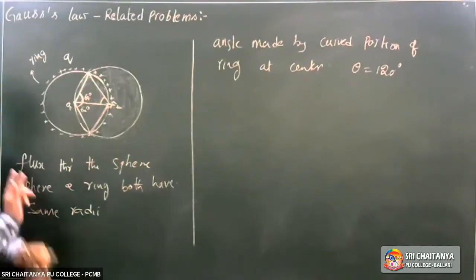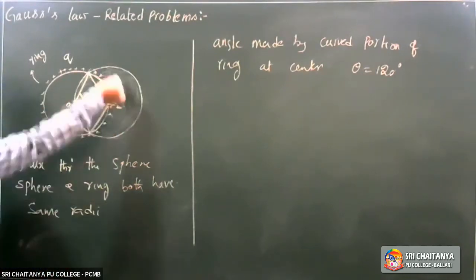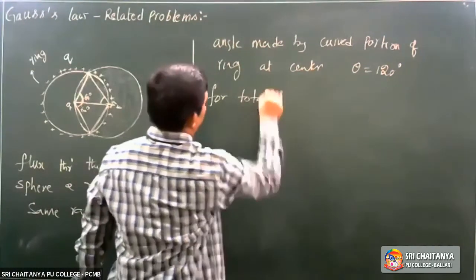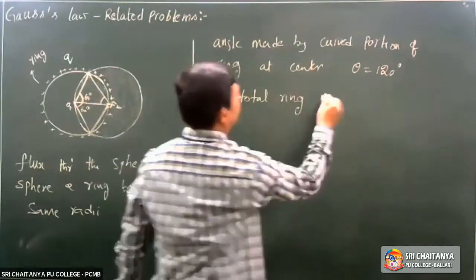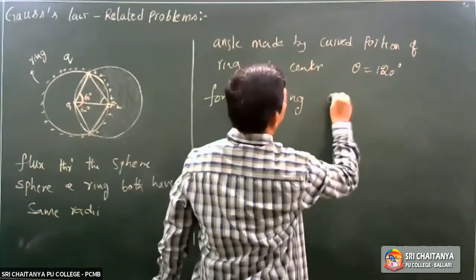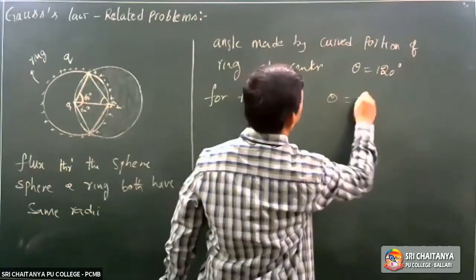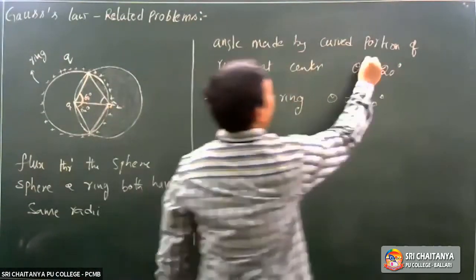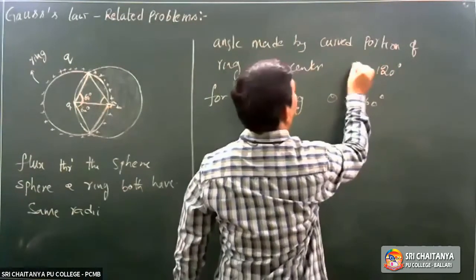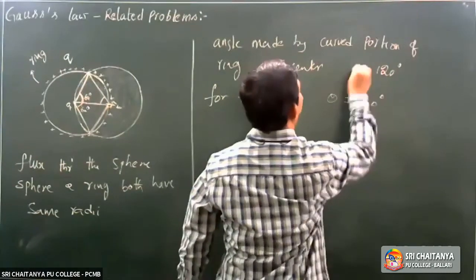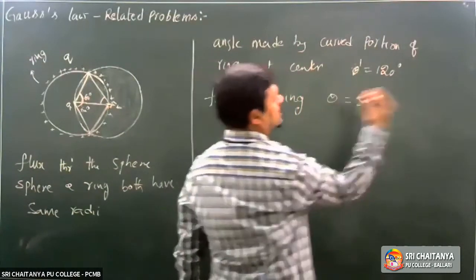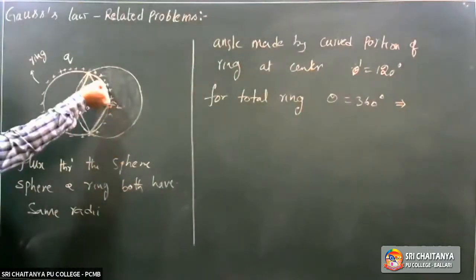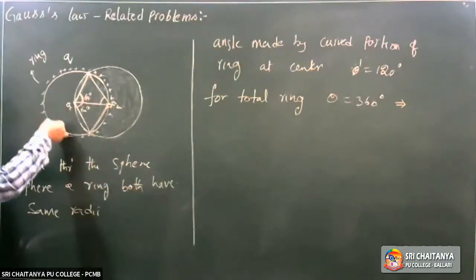If we understand that, the problem is done. So for the total ring, theta is how much? 360, right? For my convenience, I take it as theta dash. Theta is 360. Whatever charge is given is spread on the total ring.